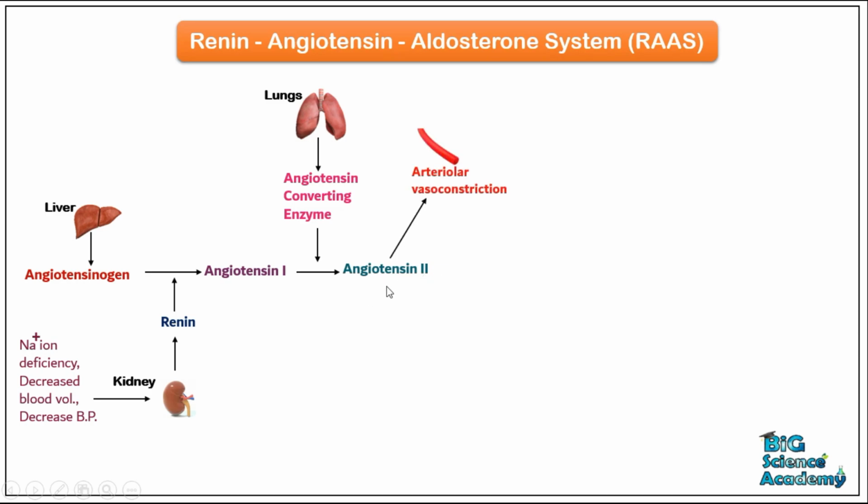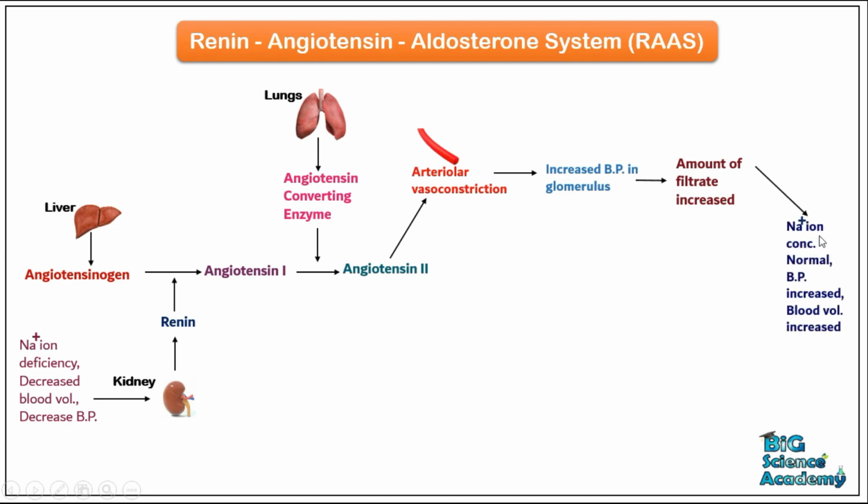Now, angiotensin 2 acts on the arterioles and causes vasoconstriction of the arterioles. Then the blood pressure in the glomerulus increases and the production of the filtrate also increases. And ultimately, sodium ion concentration becomes normal and the blood pressure and blood volume also increase.